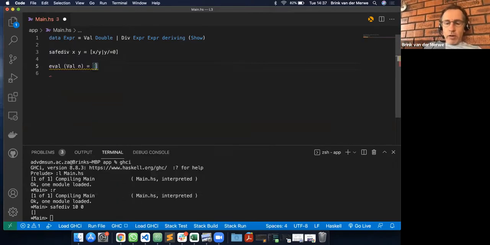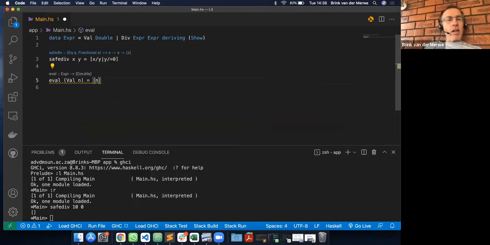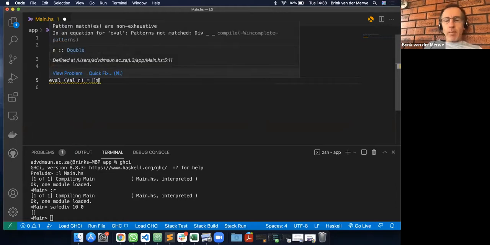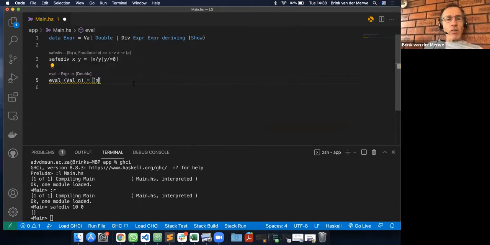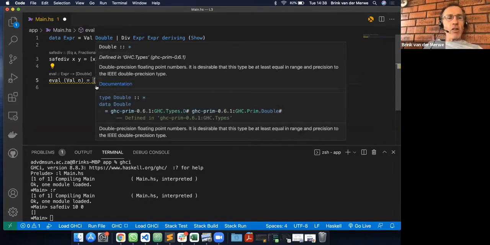I don't want to say it's just n. I'll put the value in a list on its own, if I can. And the nothing situation, or division by 0, will correspond to the empty list. So that's the evaluation of this first situation.